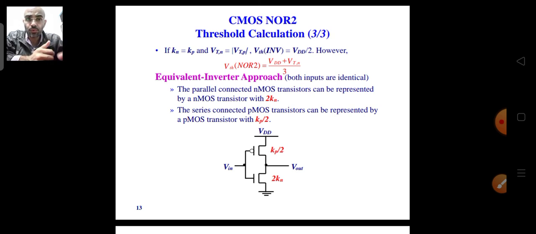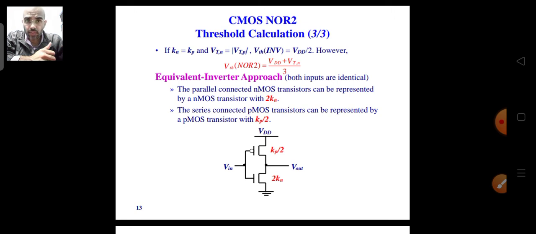You just convert the circuit into the form of an inverter. Whichever gate you have, the circuit will always have some pull-up network and some pull-down network. So you consider the pull-up network as a single PMOS, and the pull-down network as a single NMOS.